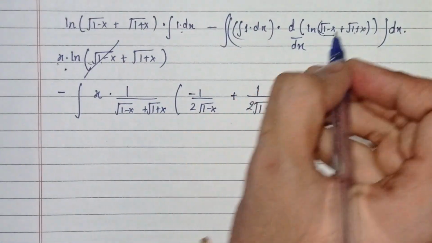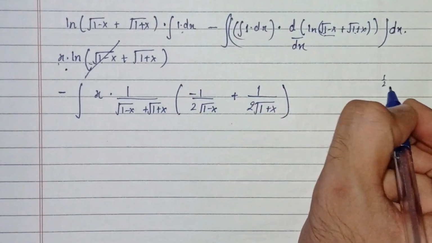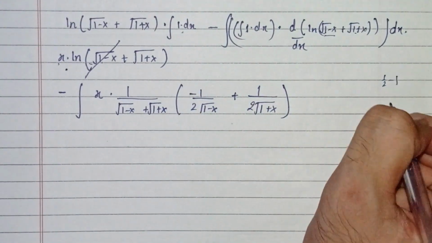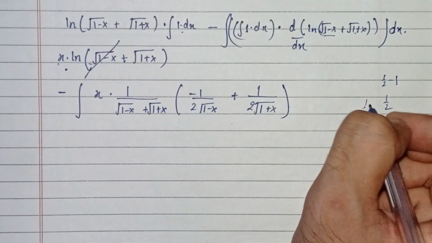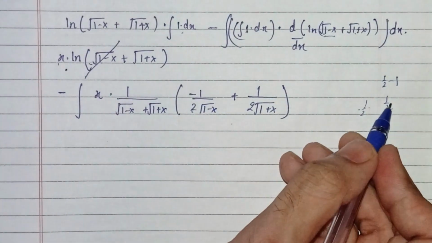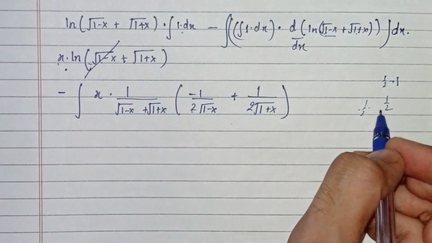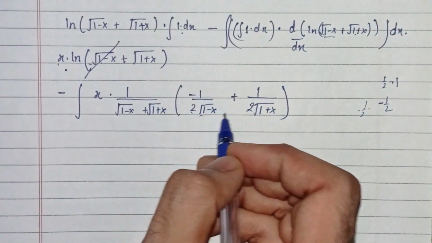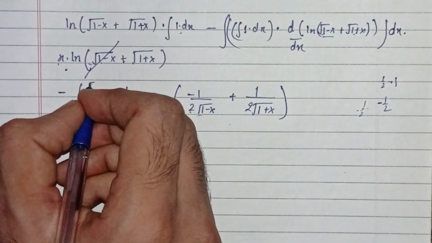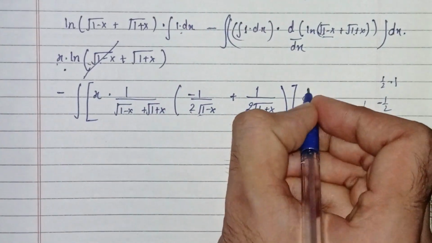If I take the power 1/2 and the −1, the power comes outside, so it is 1/2, and from the power −1/2 it becomes 1 upon √(1−x).